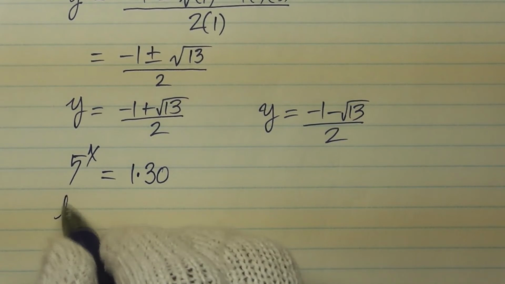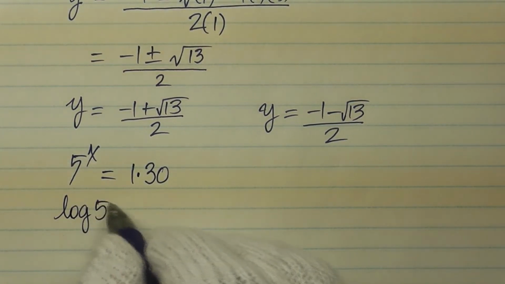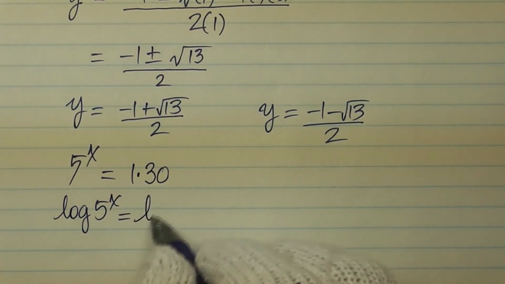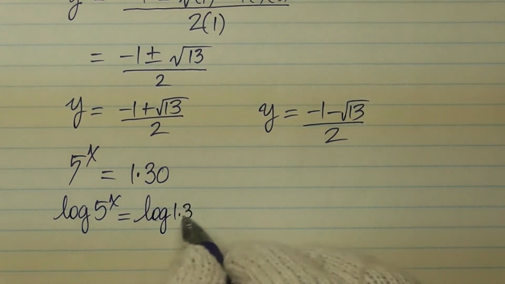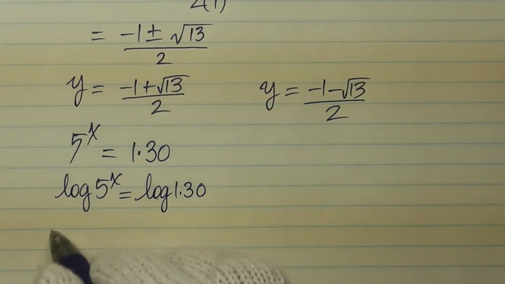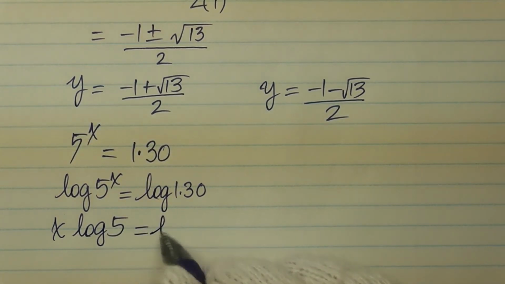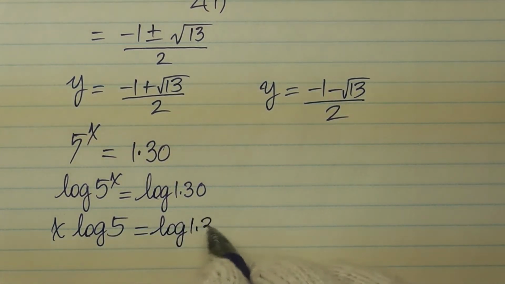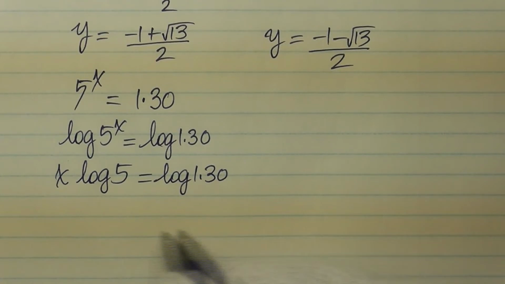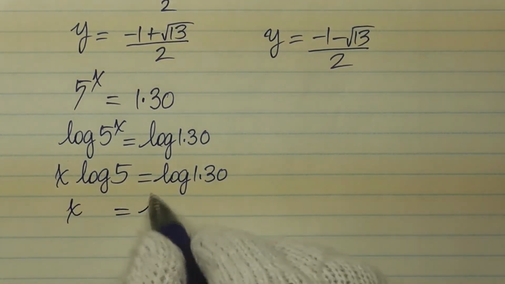So if I take the log of both sides, x log 5 is equal to log 1.30, and so x is equal to log 1.30 over log 5.